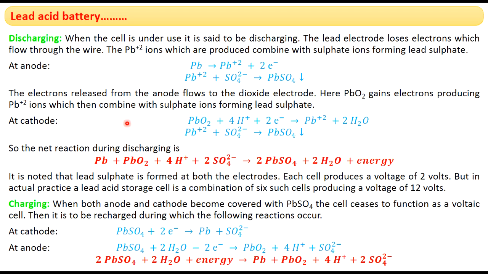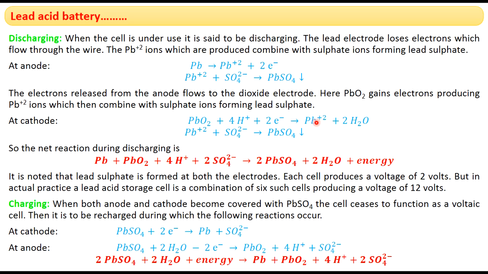Then at the cathode, lead dioxide undergoes reduction by consuming 4 protons from the electrolyte. Electrolyte is sulfuric acid. It contains H+ ions. 4 H+ ions are consumed by one PbO2 molecule, and the 2 electrons which are produced at the anode flow towards the cathode through the load applied, and now reduction of lead dioxide occurs, forming lead cations Pb2+ and 2 water molecules.